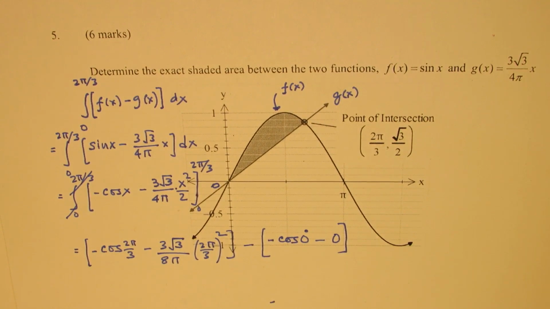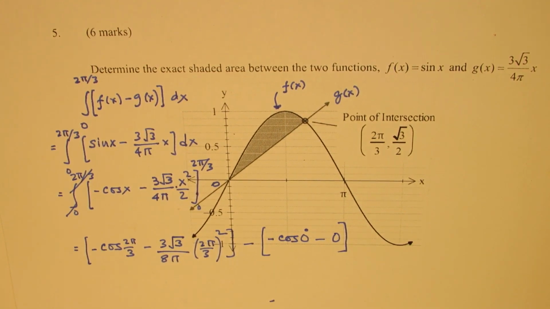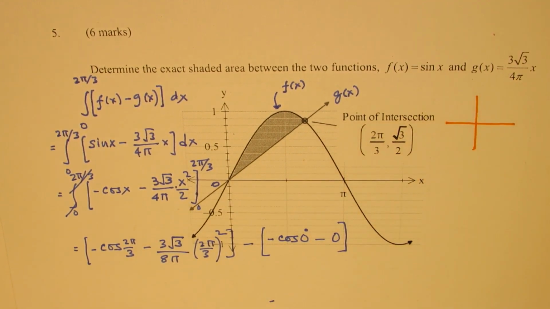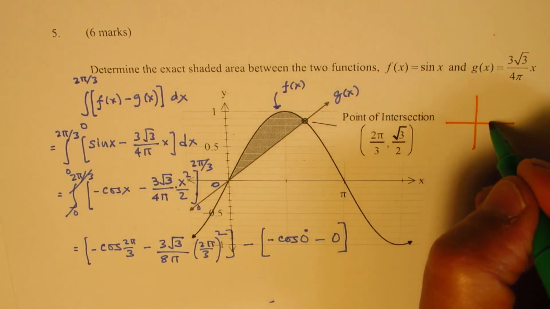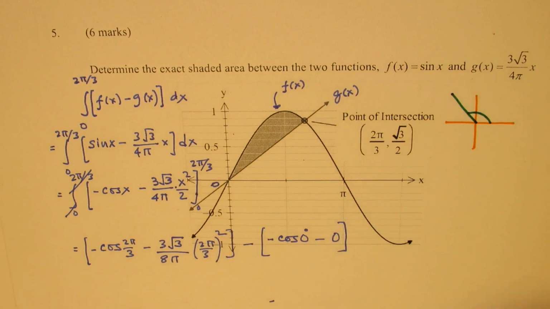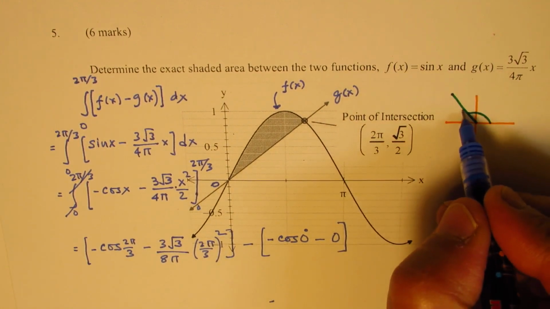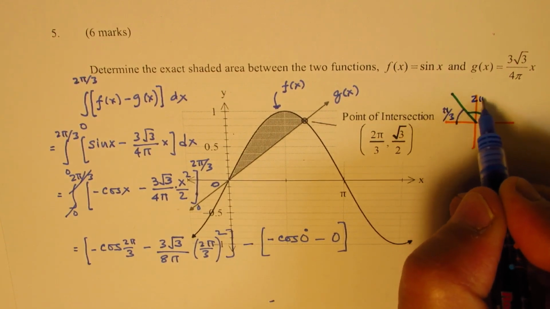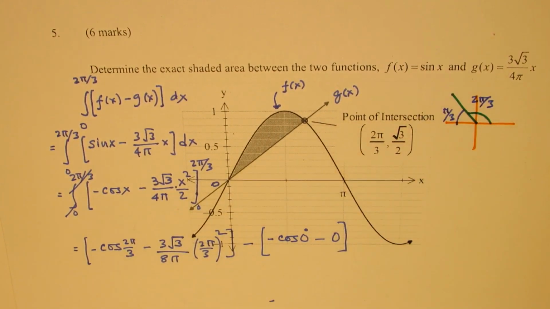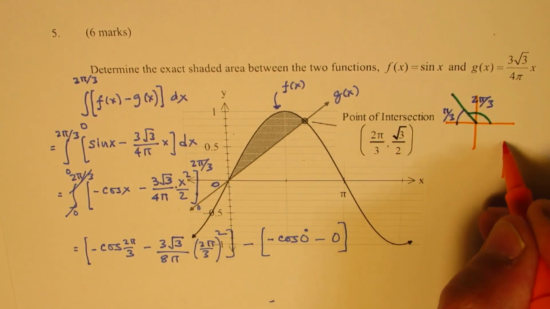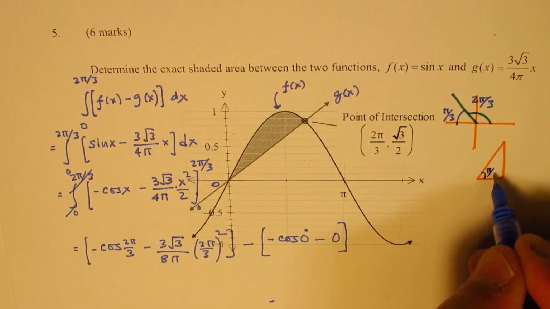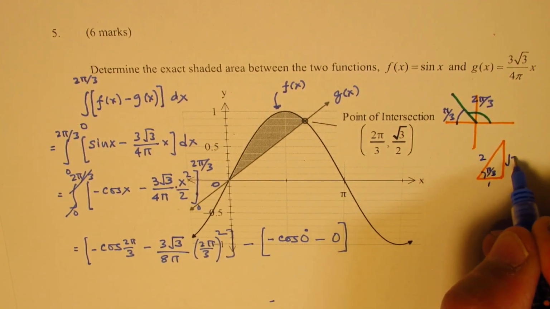So cos 2 pi by 3. The calculator is not allowed for this test paper, right? So cos 2 pi by 3 really means that we are working in the second quadrant, right? So that is the angle, and 2 pi by 3 will give us an acute angle of pi by 3, right? For pi by 3, if I sketch the triangle, then the cosine value for pi by 3 is 1 over 2, correct?